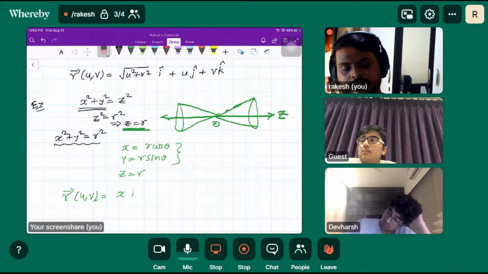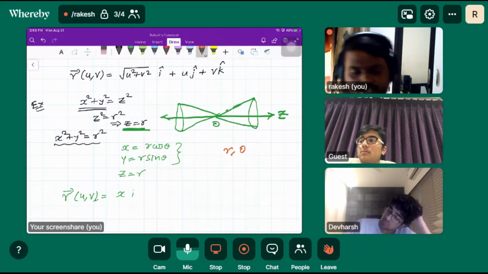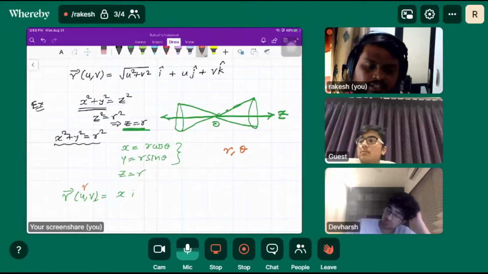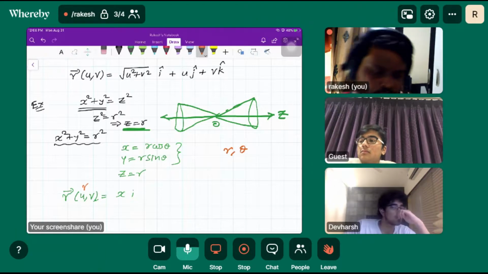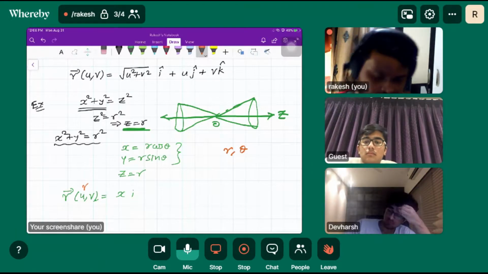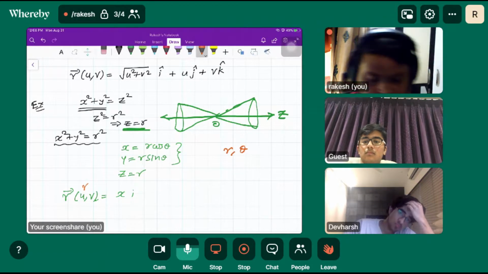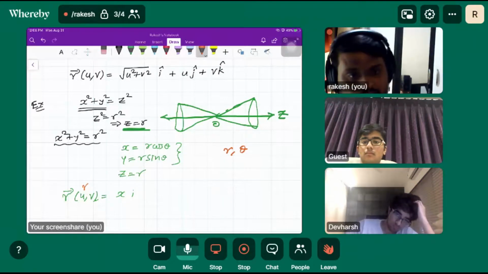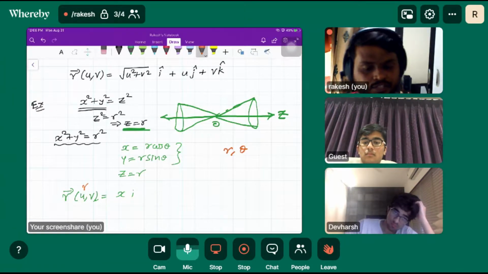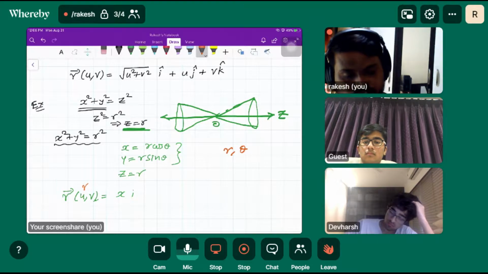If you write r and theta here, there is no issue and no confusion, but for the sake of different notation, I would use u, v rather than r, theta.